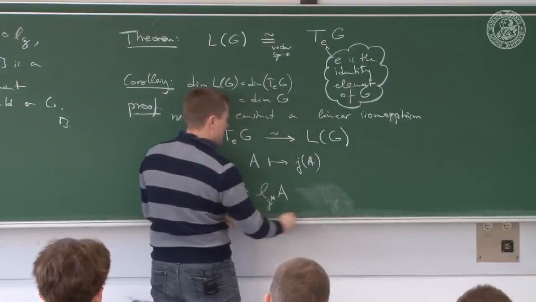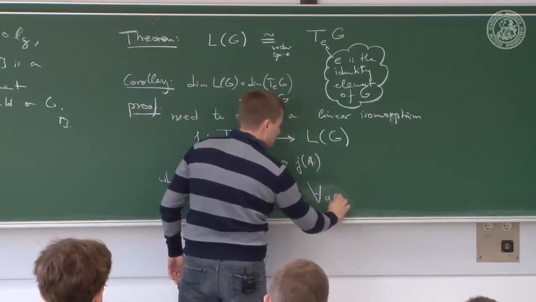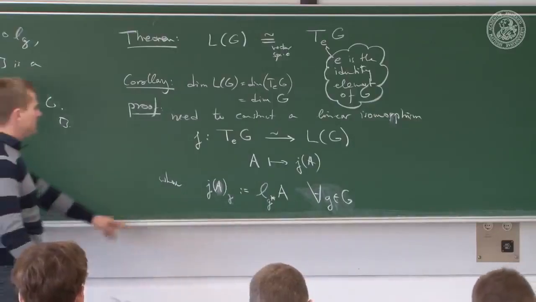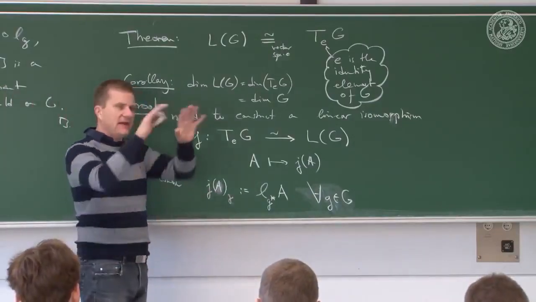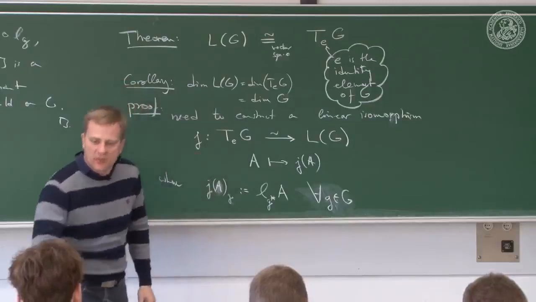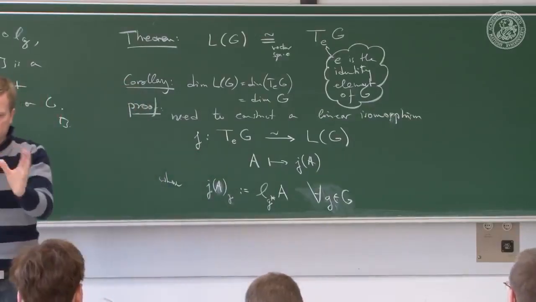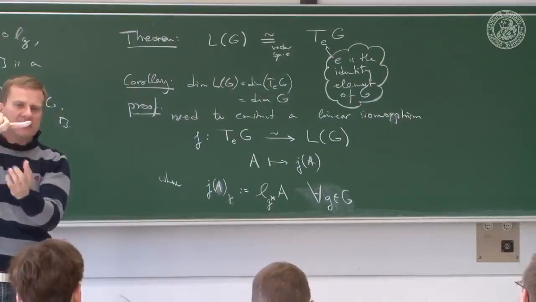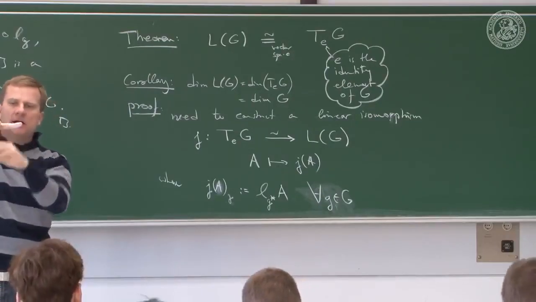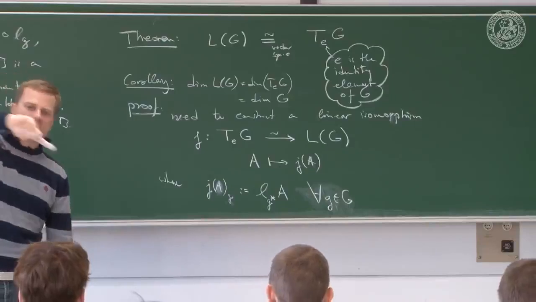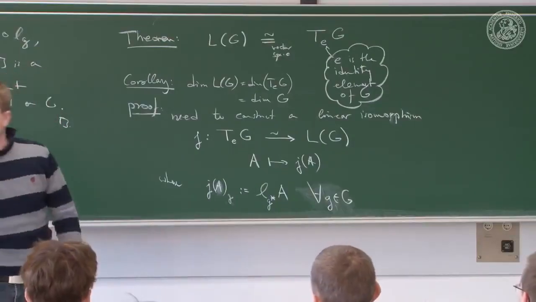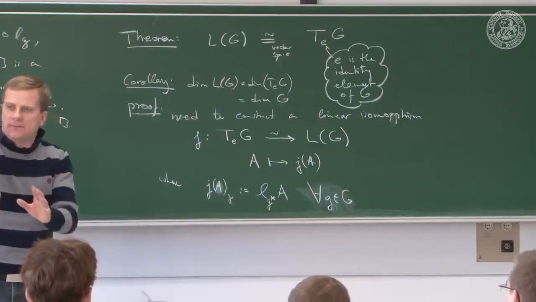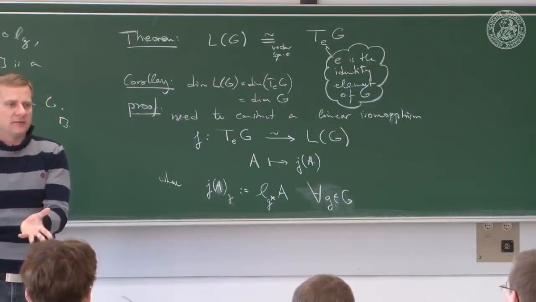And if I do this now for all G in the group, I defined a vector everywhere on the group manifold. So think of, that's the group manifold, right? And I only give you a vector in the tangent space at the identity. Say that's the identity. What do I do? Well, I push this forward with respect to all possible L_G's, right? And that way I get a vector everywhere.